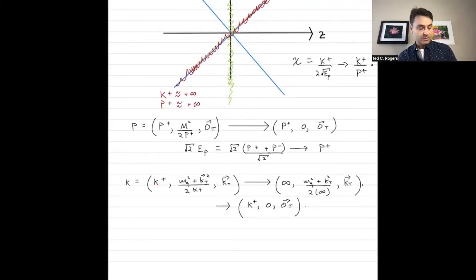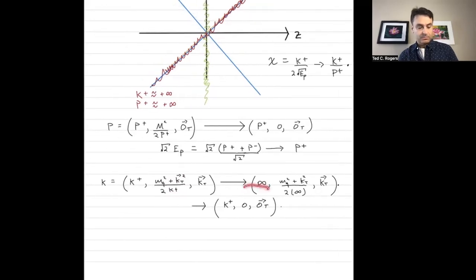So that means that the first light cone component, K plus, is 1 power of infinity larger than K perp, and 2 powers of infinity larger than K minus, because K minus has these fixed momentum and energy and mass scales squared divided by K plus. So as K plus goes to infinity, we get a relative power situation schematically represented by these light cone variables. And so again, I'm going to say, let's just keep the K plus.